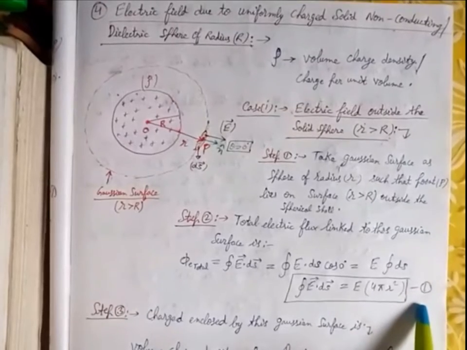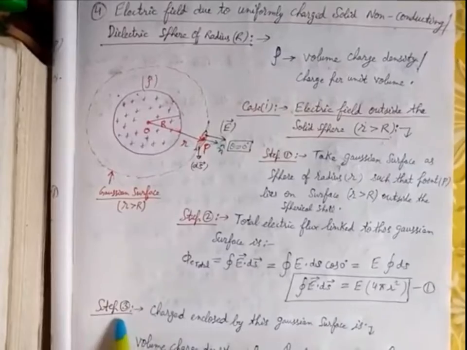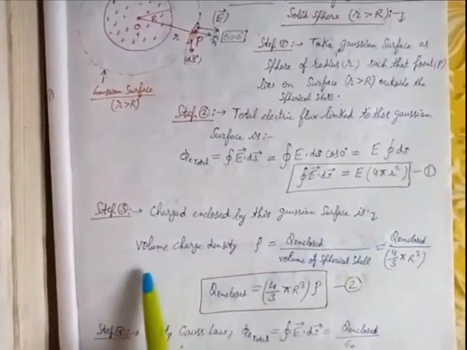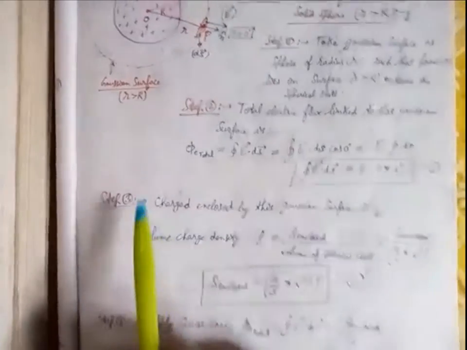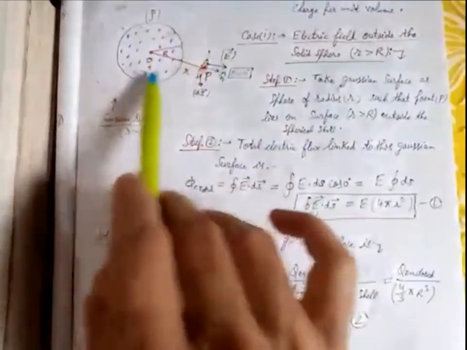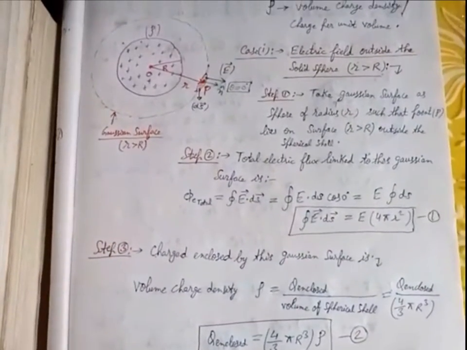So this is equation number 1 we are getting. Now step third, the charge enclosed by this Gaussian surface. It means this complete charge is enclosed in this Gaussian surface.